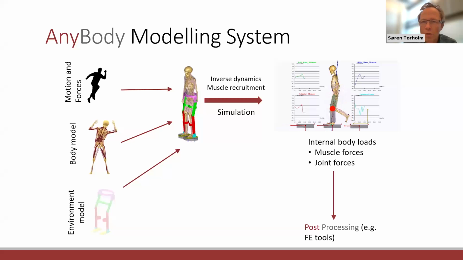And of course, you can use this output in other tools, such as finite element tools, if that is needed. I think I'll give the microphone back to you, Niels.